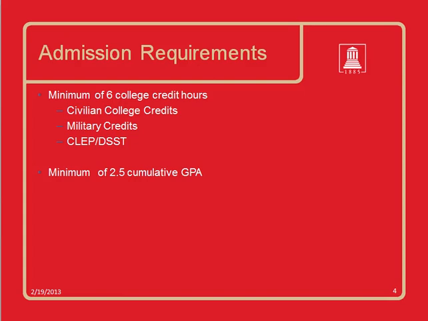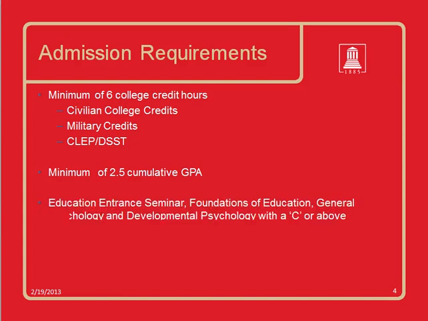If your GPA is below a 2.5, you will have the opportunity to try and get your GPA up, but after 2 semesters of not being able to do so, there's a chance you will be placed on suspension, which means that you will no longer be able to take education classes until your GPA is at that 2.5.